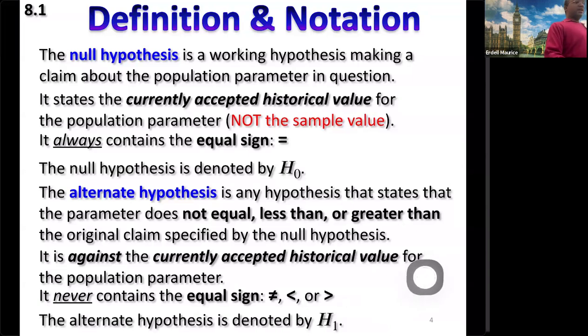As a scientist, what you are trying to show is that the alternate hypothesis is what has now happened. So in our example right here, our alternate hypothesis is that the amount of particulate matter will have decreased, or it would have been less than what it was before.